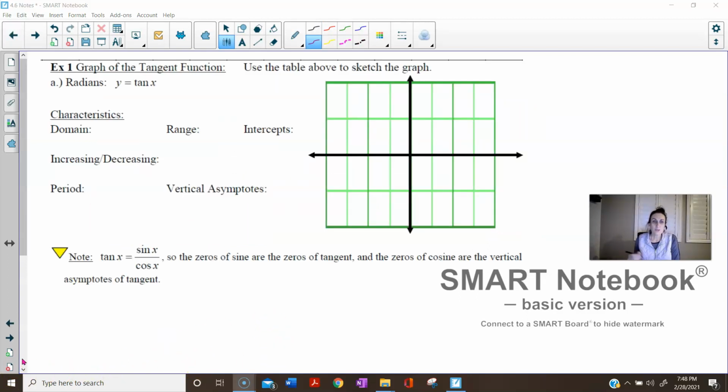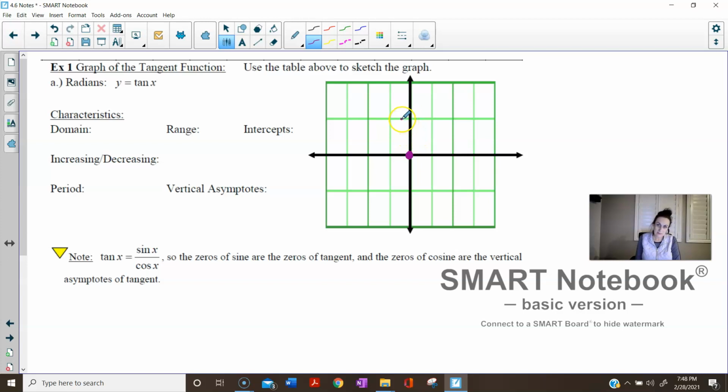You have example 1 done from past notes, but looking at what is the graph of y equals tangent x. So the tangent of 0 is 0. So you've got this point right here in the middle. And then the tangent of pi over 4 is 1.